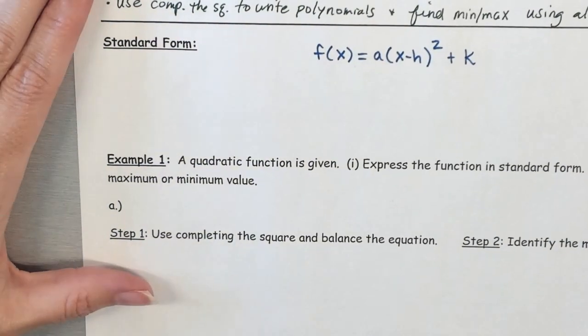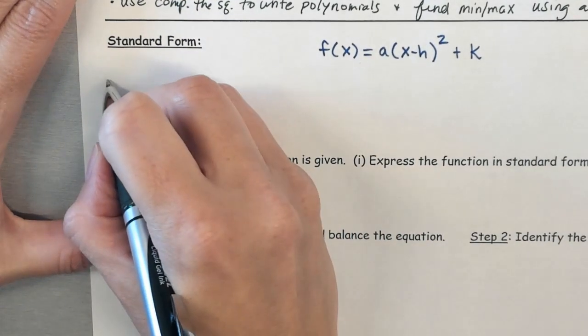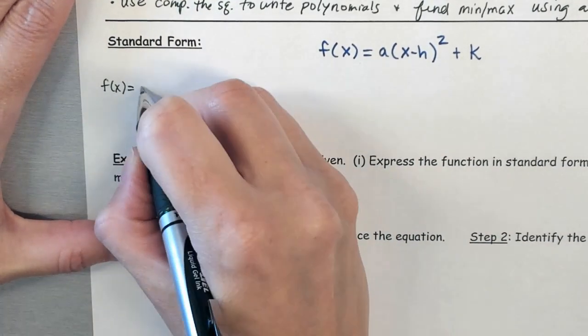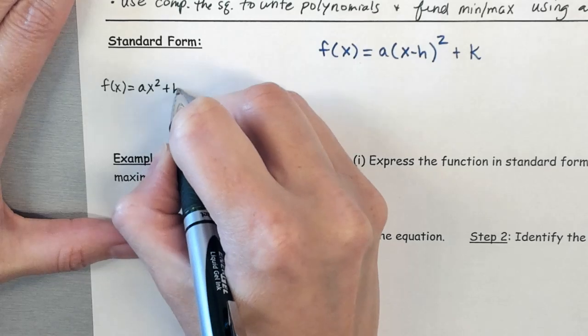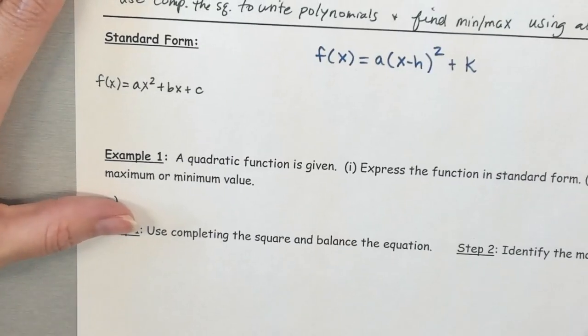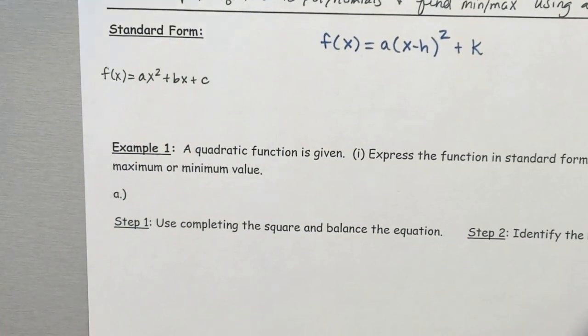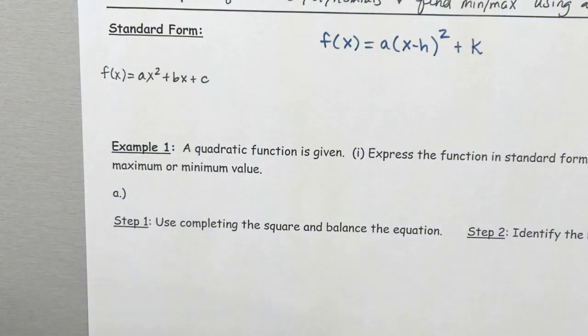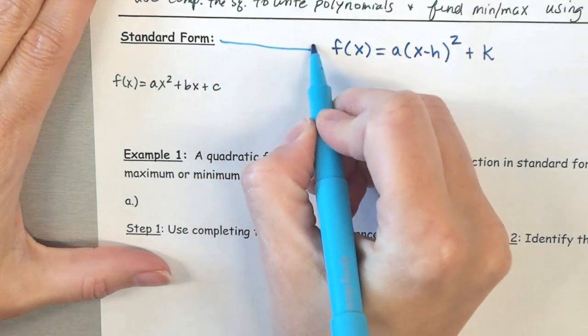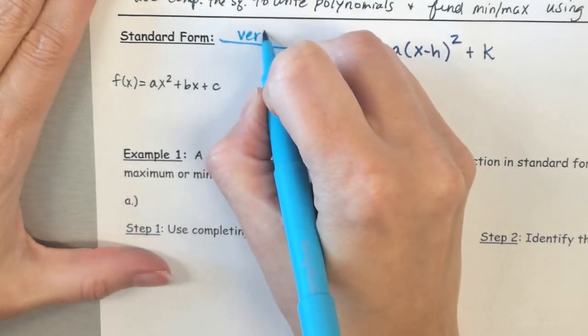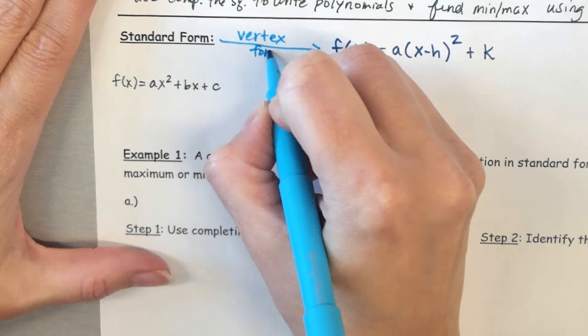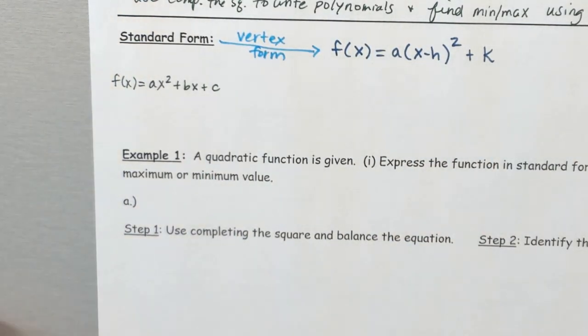Normally we think of standard form as f of x equals ax squared plus bx plus c. So I really don't like that your book calls it that, but I did not get to write it. So the standard form is your vertex form here.